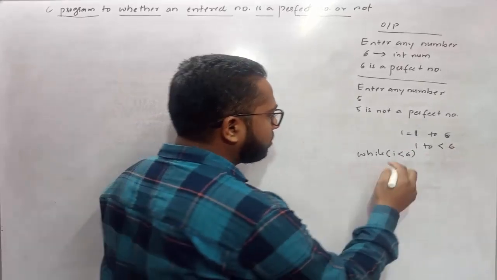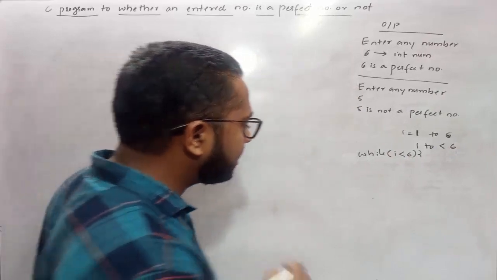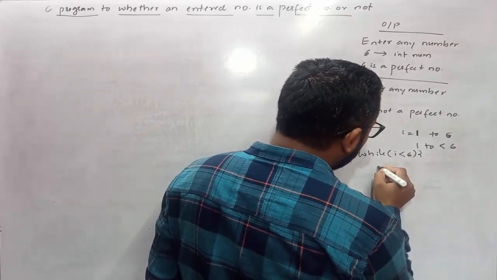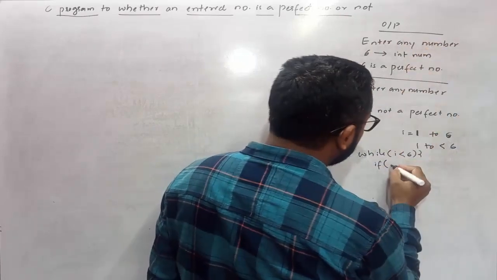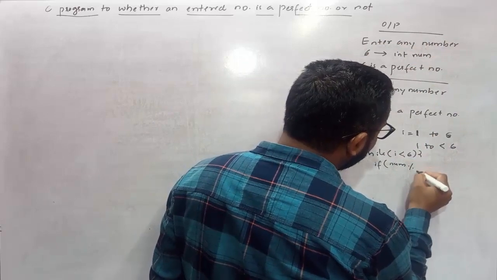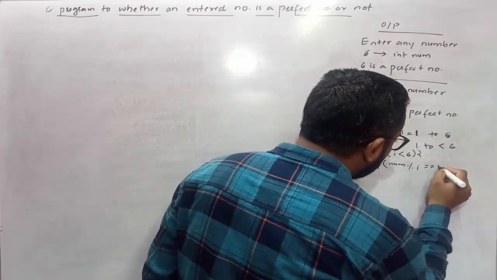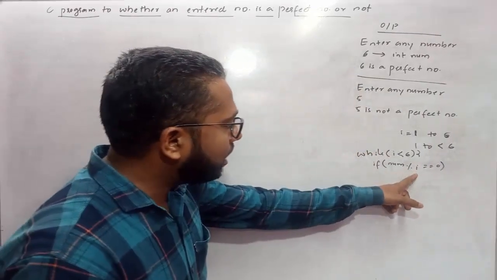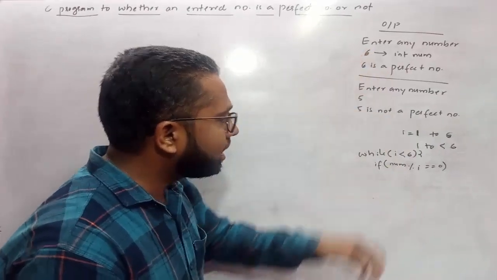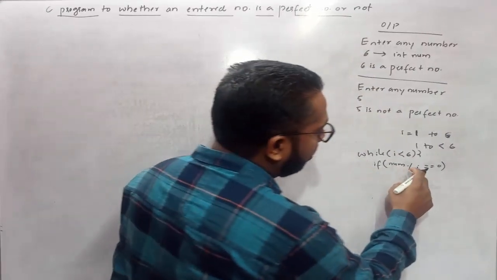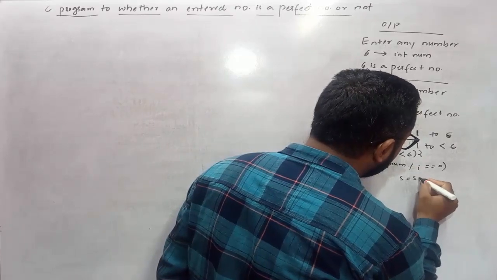Yes, the condition becomes true. That's why control will come inside this while loop. Once we enter inside the while loop, I will check whether num is successfully divisible by i, that is, num mod i is equal to 0. If the value stored inside i, which is 1, successfully divides the value 6, then I will take that value of i and store it inside one more variable: s equals s plus i.